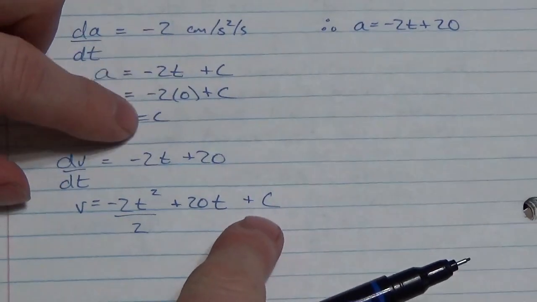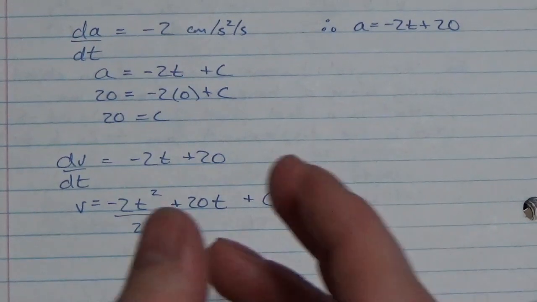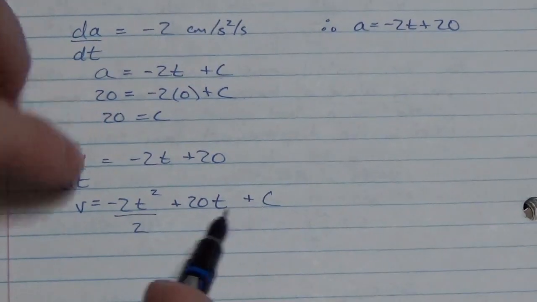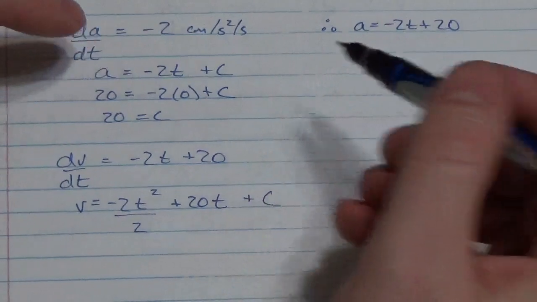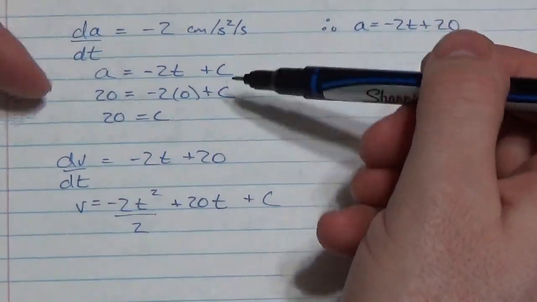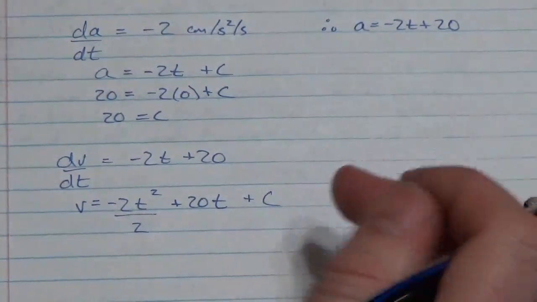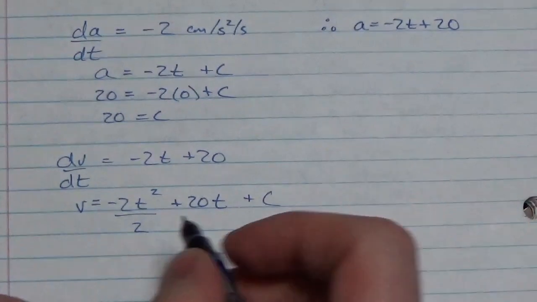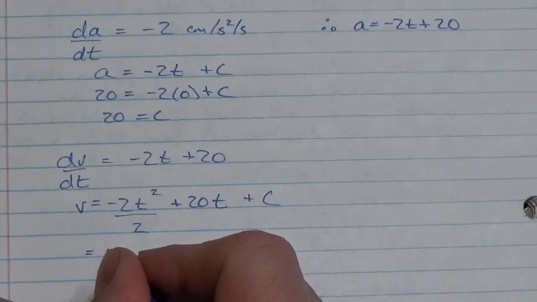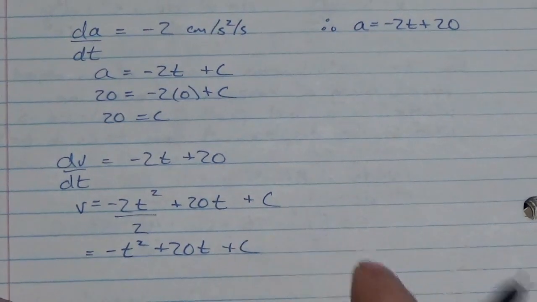And now these are not the same constant. In a previous question, I was working with the same expression, and my c's would cancel here. This isn't that same issue going on. This constant popped out of this bit of work here when I took this antiderivative. This is a new antiderivative, so this is a new arbitrary constant. And I will simplify this by making it negative t squared plus 20t plus c.